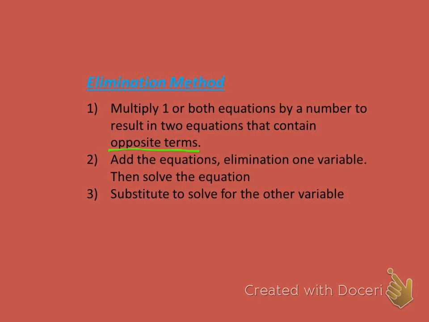It gives you 0, which is good. That's what you want to have happen. That's why it's called elimination. You want to eliminate one variable, and then solve that equation. Take that number back in, solve the other equation.